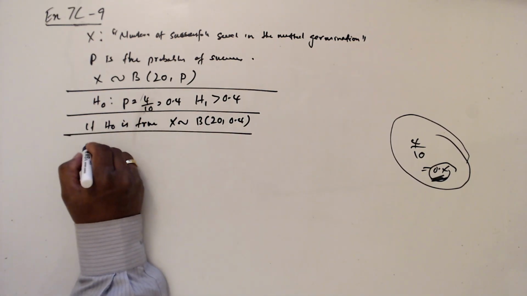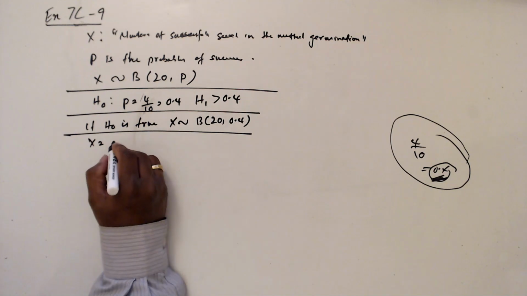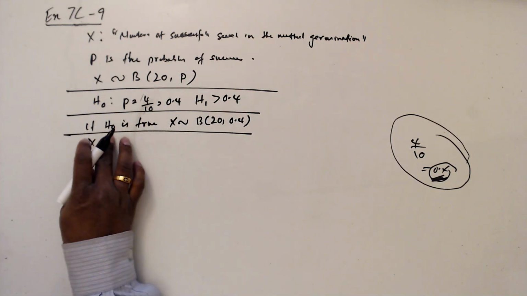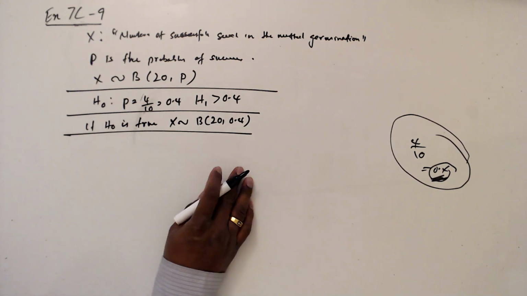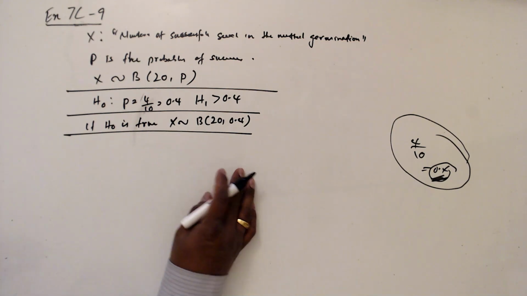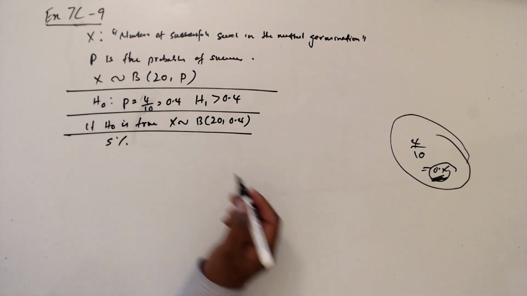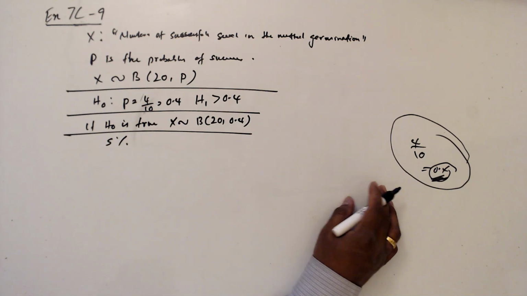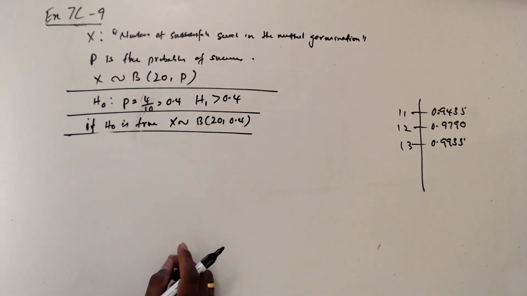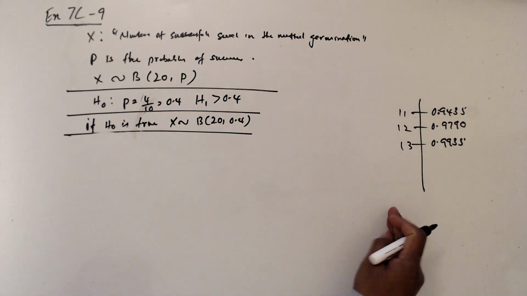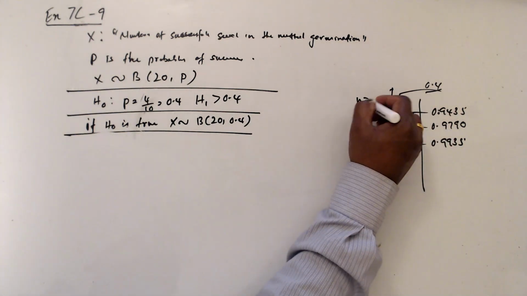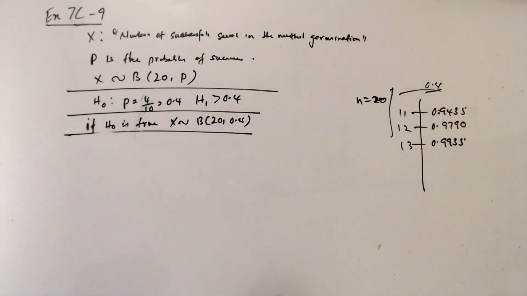Now calculation. Actually there is no observed value, so we want to find the critical region. So it is 5% significance, and we should know the cumulative distribution. I went through the cumulative distribution table for n equal 20, and I picked up some values.